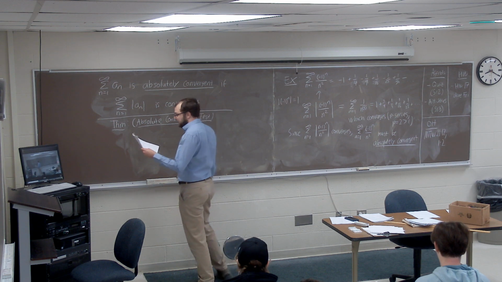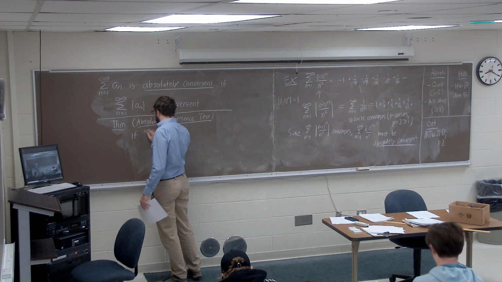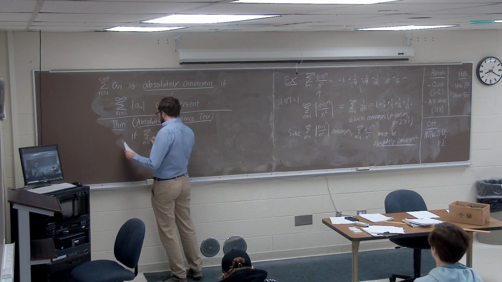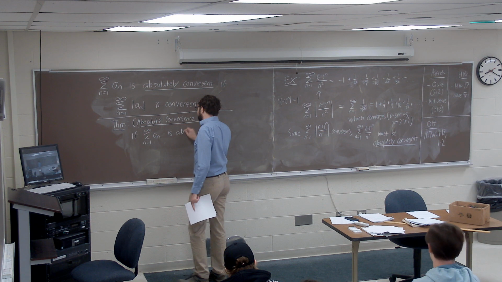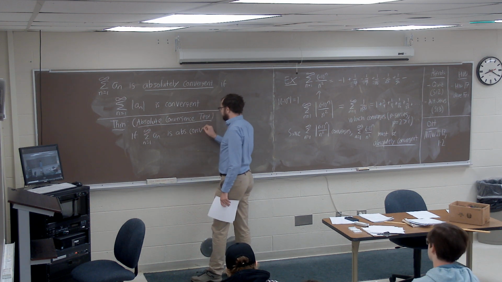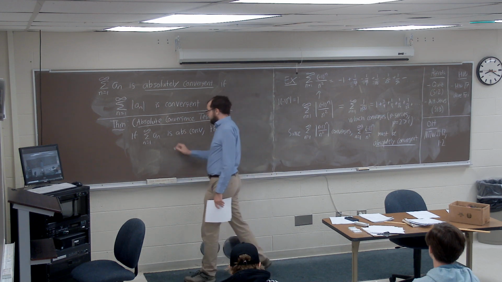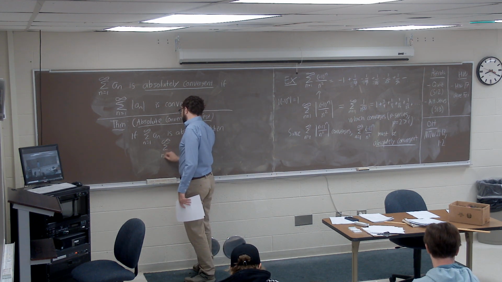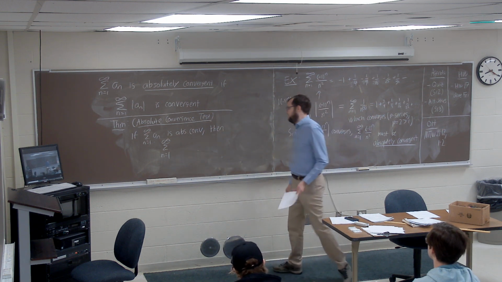Where the absolute convergence test says if you have a sum from n equals 1 to infinity of a sub n that is absolutely convergent, then that same series also has to be plain old vanilla convergent as well.